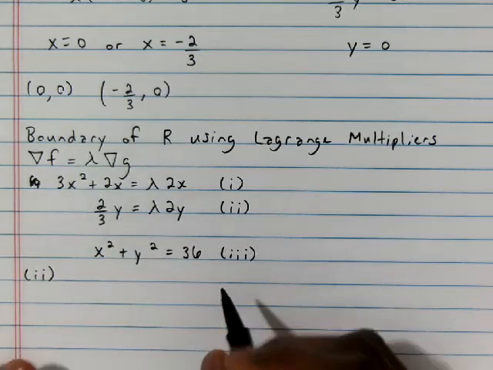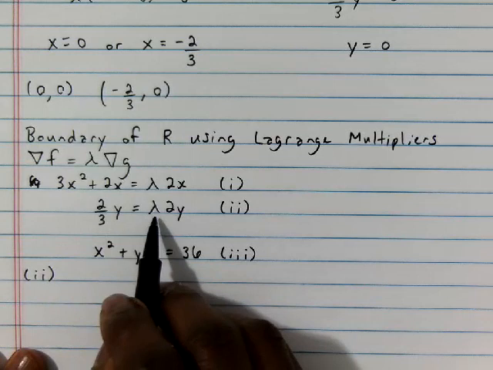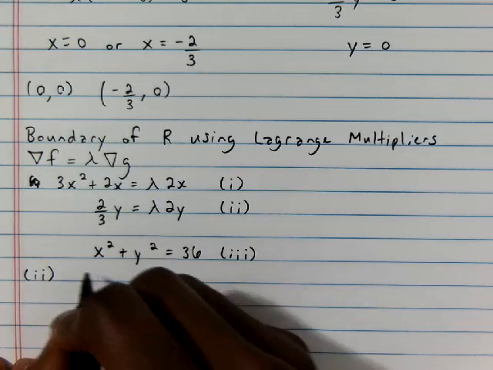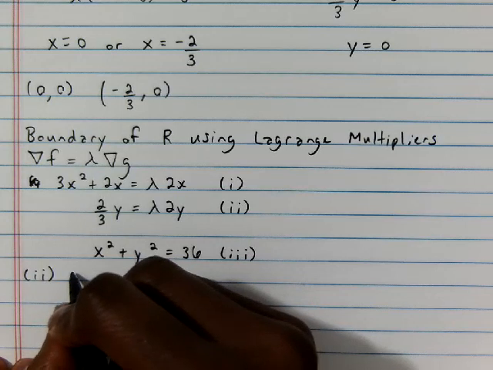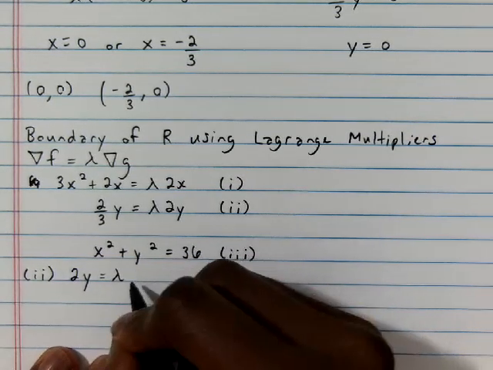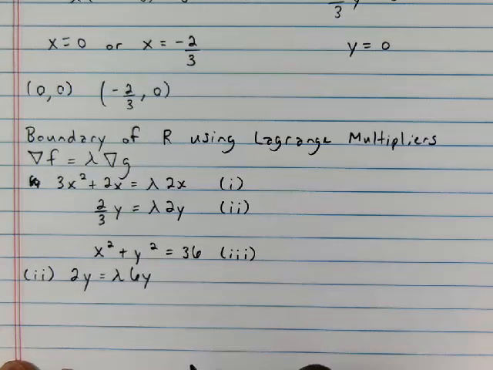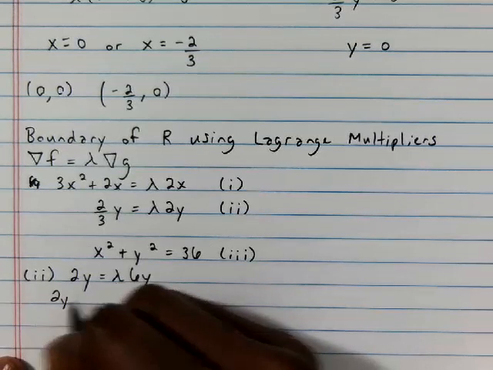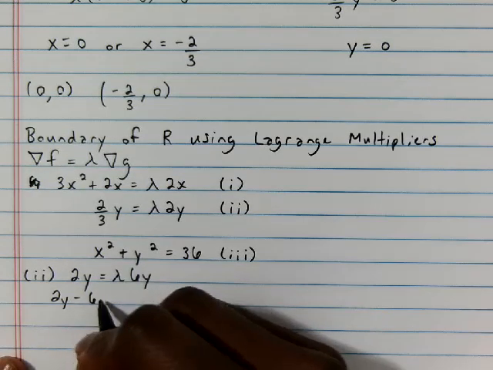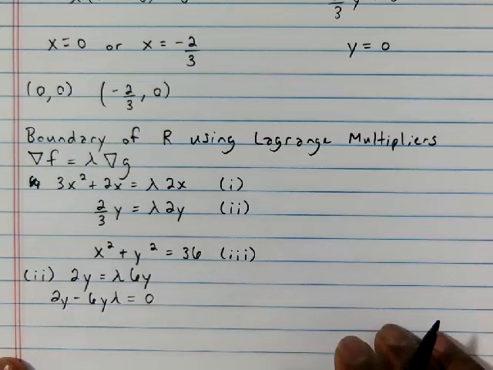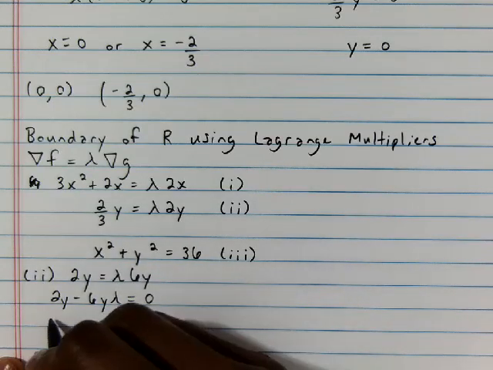So 2 gives us that 2/3 y equals lambda times 2y. I'm going to multiply both sides by 3 first off, just to get rid of the fraction. So that gives us 2y equals lambda times 6y. And moving everything over to the left gives us 2y minus 6y times lambda equals 0. And we can factor out a 2y from all of this.